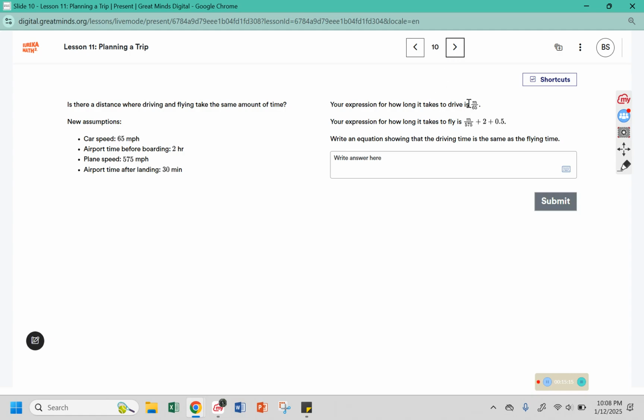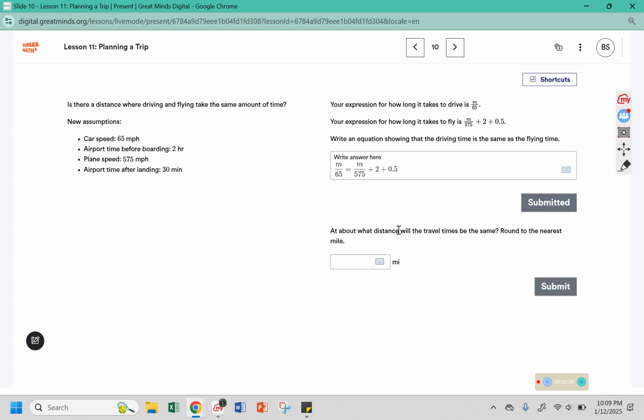So I have my expression for the drive time and the flying time. Write an equation showing that the driving time is the same as the flying time. So that would be the driving time equals the flying time. And now we'll solve it.